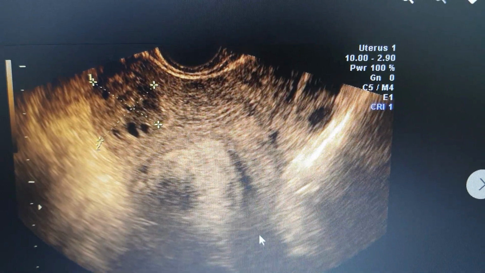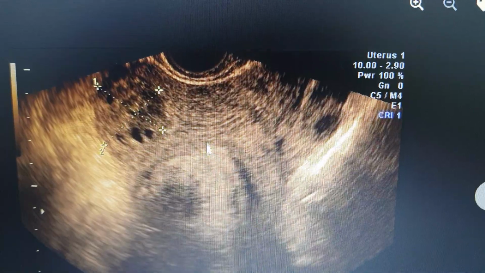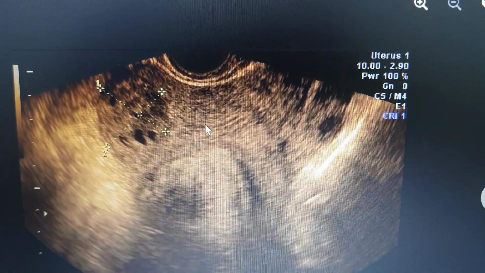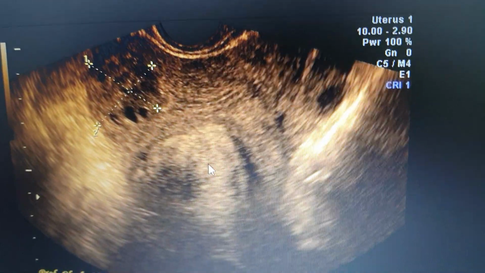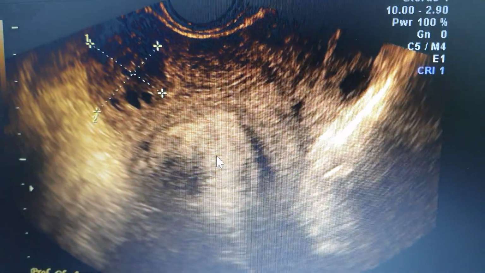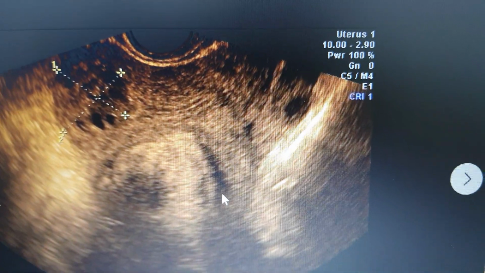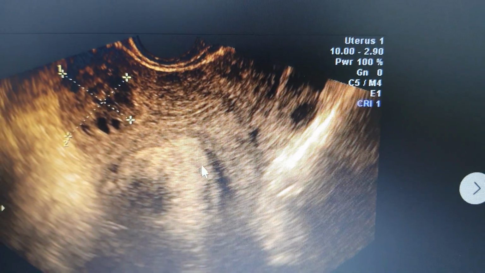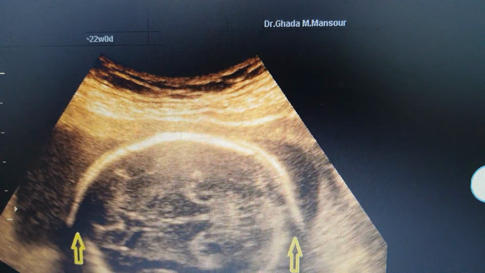This is a myoma, and of course, it's mainly subserous, but it's encroaching on the myometrium, but not reaching the endometrium. And so this is not a submucous myoma. This is an intramural myoma and subserous. It's getting outside the uterus, so it's partially intramural and a very big part is subserous.